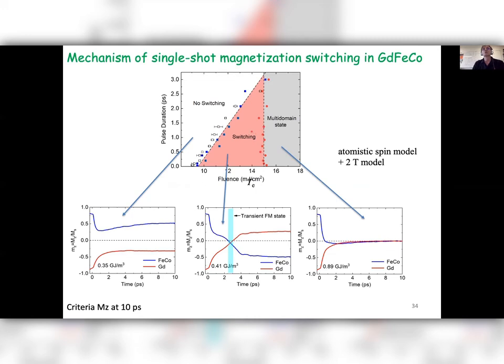The state diagram could be reproduced by the 2-temperature model. Indeed, if you have not enough fluence or a pulse duration that is small, then you don't have a switching in the modeling, whereas you see switching only for a narrow window of fluences.